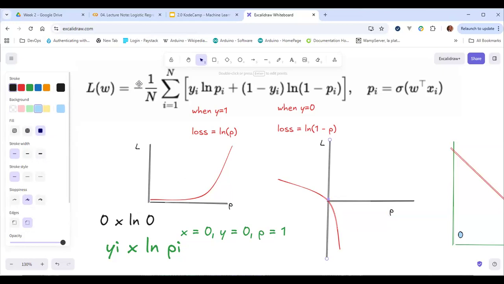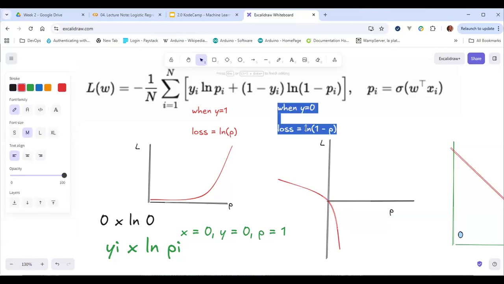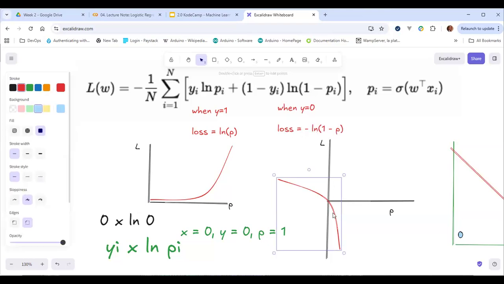But what this negative sign does is that it will convert this negative log likelihood into a positive value. So what you are actually calculating is not ln 1 minus p, it's actually minus ln 1 minus p, which is the negative of this. The negative of this is essentially flipping this thing around. So maybe I should flip it around so it makes more sense.